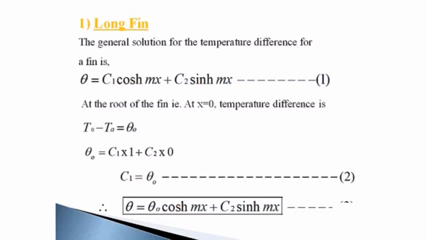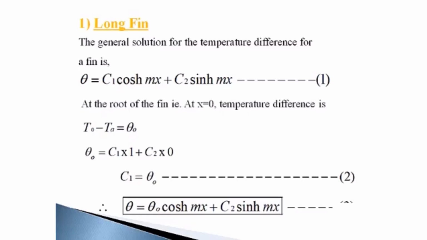Now, when x is 0, theta should be theta 0. When x is 0, cosh mx, that is cosh 0, is 1, and that is substituted here. When x is 0, sinh mx is 0. So C1 plus 0 is equal to theta 0, since when x is 0, theta is theta 0.